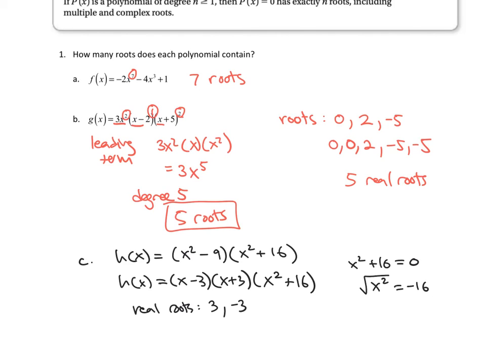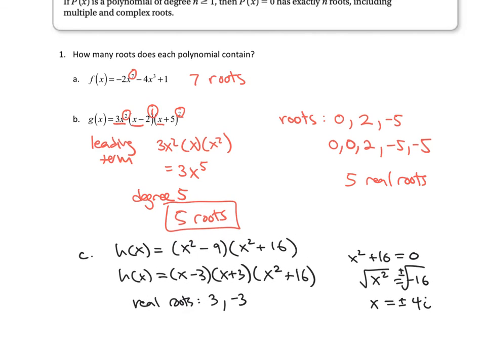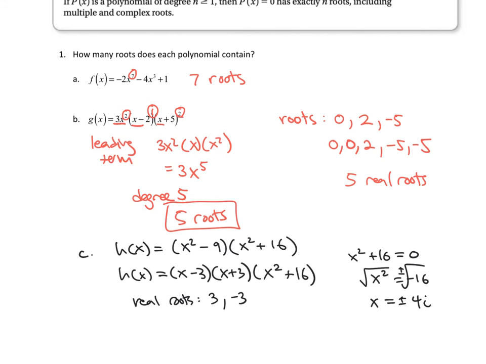And I square root both sides, and I put a plus or minus, and we get x equals plus or minus 4i. So in this problem, we have 2 real roots and 2 imaginary roots, or complex roots. And those are positive 4i and negative 4i.